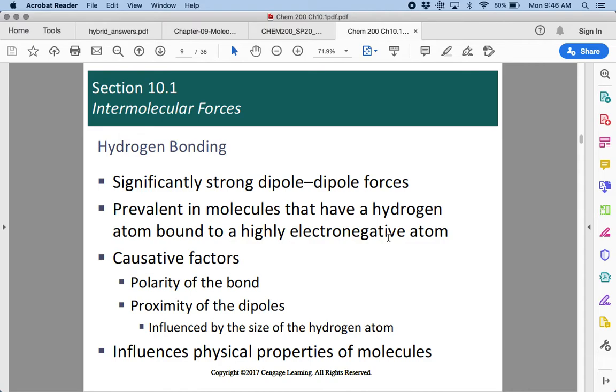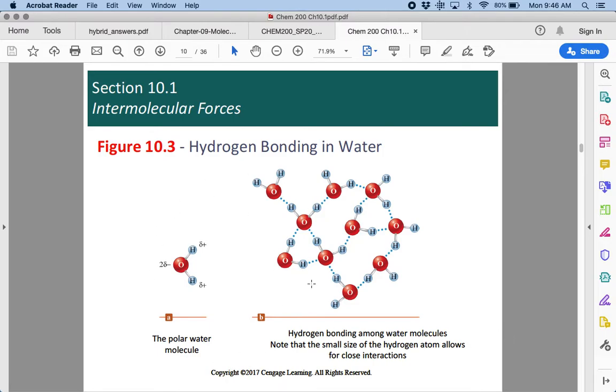So we'll look at some examples of this as well. Water is a really good example of this. It's a polar molecule, right? We know water is a polar molecule, so it has dipole-dipole interactions going on, but it also is capable of hydrogen bonding interactions as well. Molecules can have multiple intermolecular forces, and many of them do.